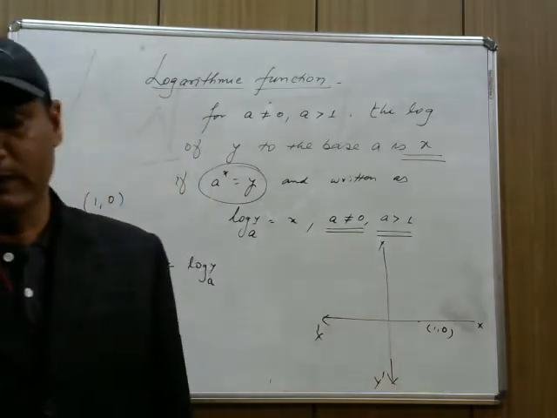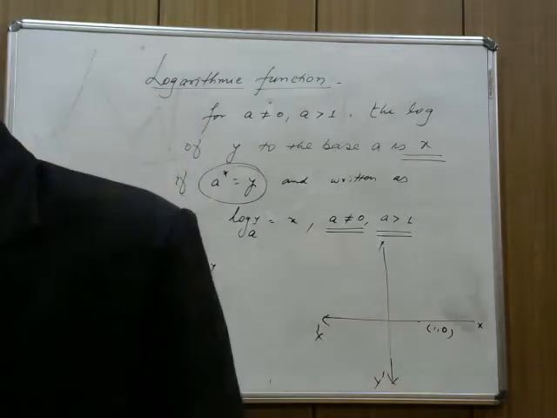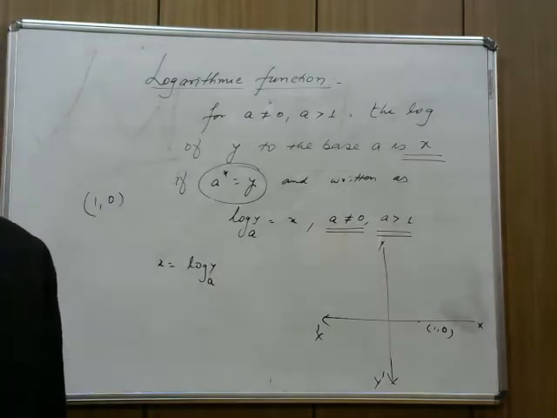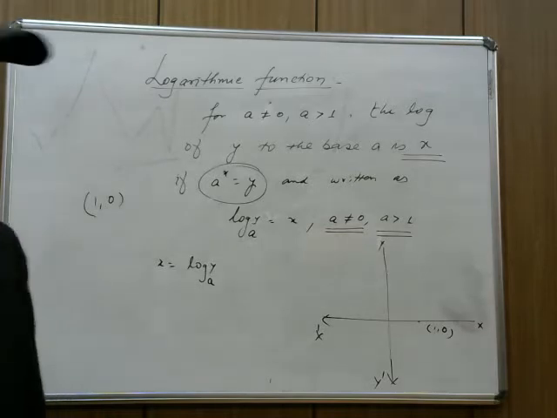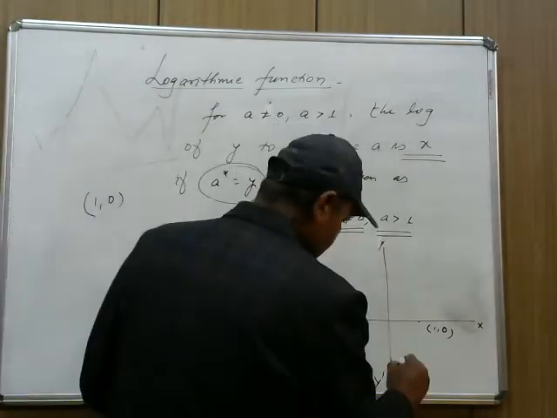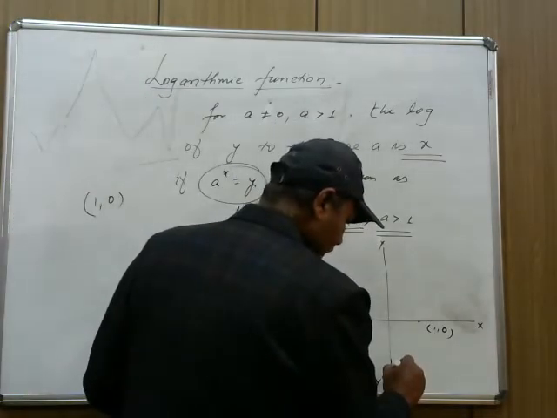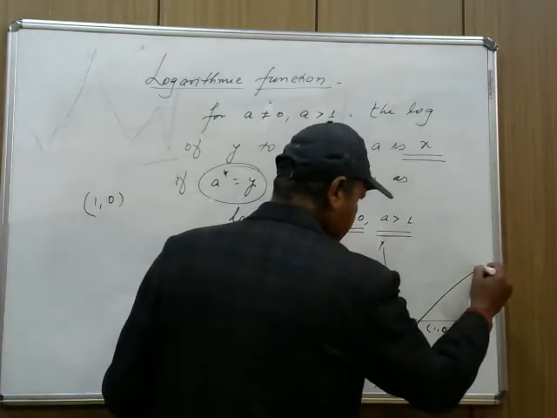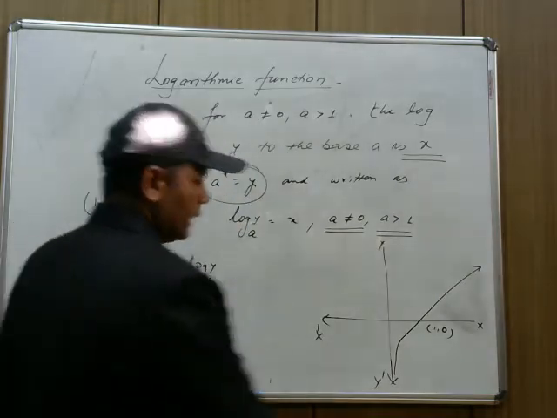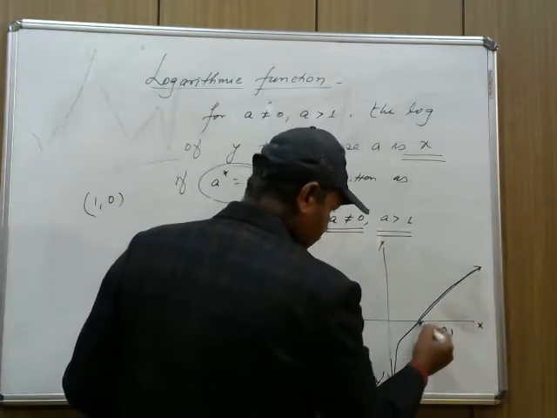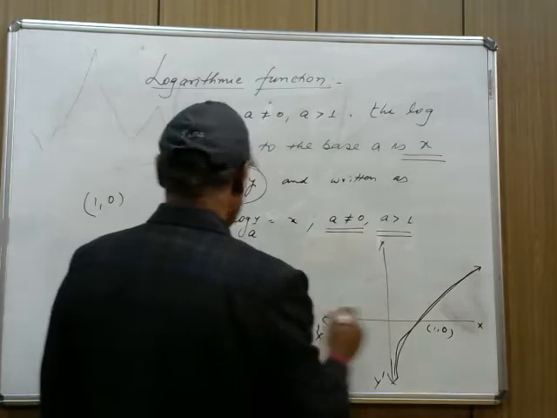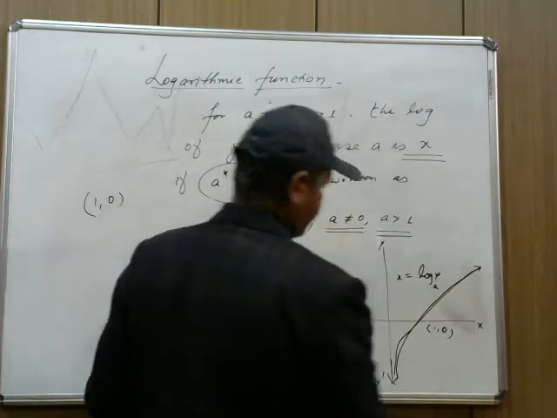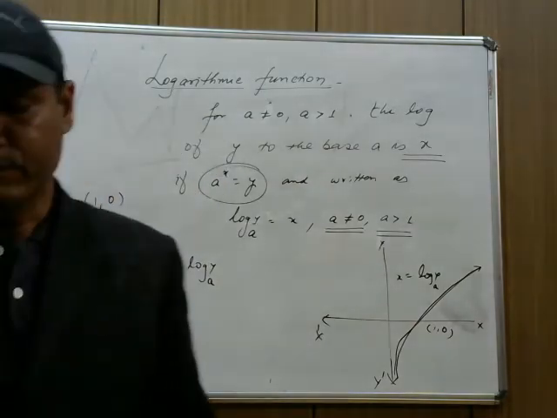Here this one point is common: it is 1, 0. This point will be common for all, right? And it will go, never touching the y-axis, like this. Now this is the graph of x is equal to log of y to the base a.